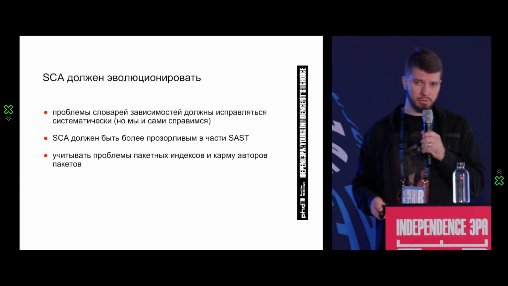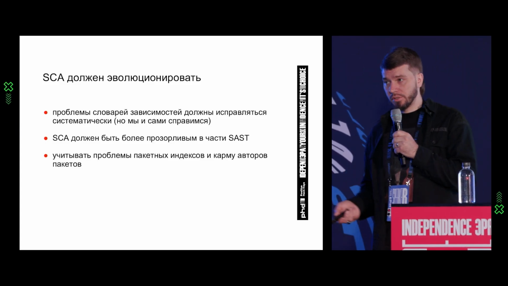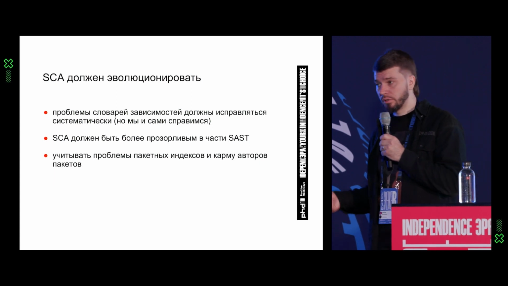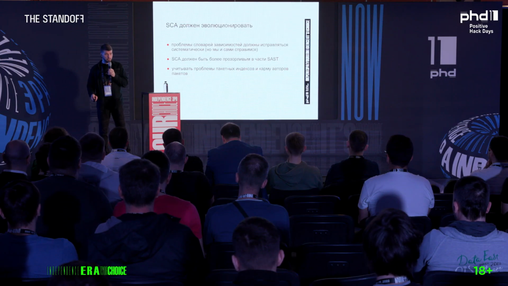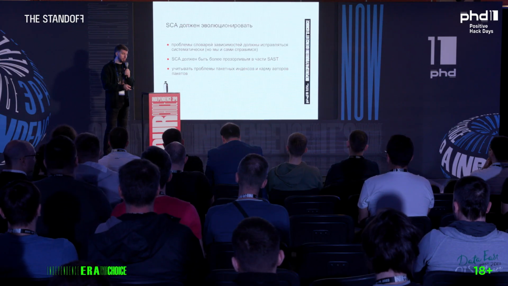It all may be fun, and you probably expected me, as a representative of an SCA provider, to say something like that. SCA needs to evolve. We still have issues, and we know of the issues, like ranking, like false positives, like dictionaries, dependency dictionaries, component identification, looking for vulnerabilities.